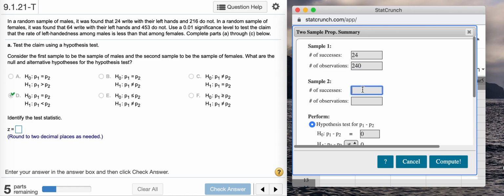And for the females, the second population, there were 64 that wrote left-handed, but 453 that do not. So if I add those together, what do I get? I believe that is 517. Maybe check that real fast in my head.